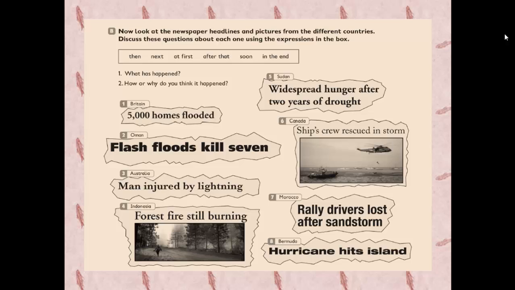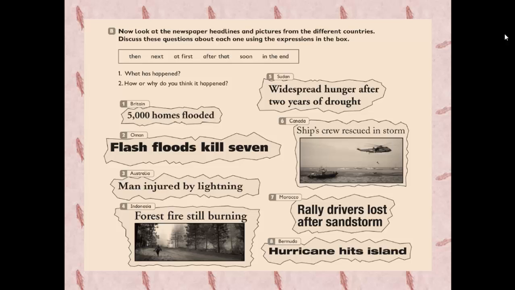Now the questions, we have two questions here. Number one, what has happened? And number two, how or why do you think it happened? First of all, we want to look at the newspaper headlines and pictures, and after that, discuss these questions, what has happened and how or why do you think it happened, using the expressions of time in the book.